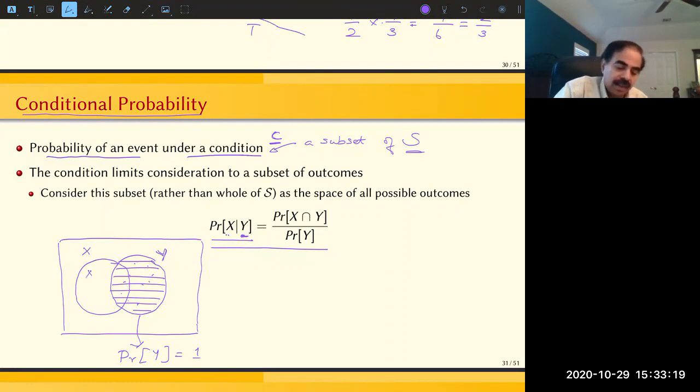So the X is maybe a poor choice. So let's say the pluses and minuses over there, right?